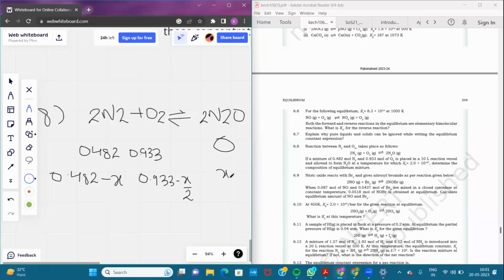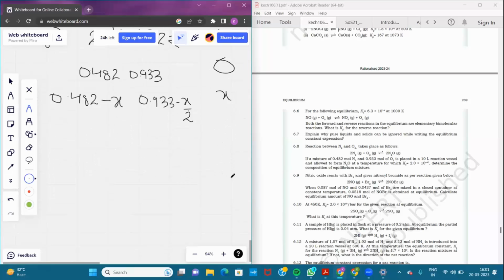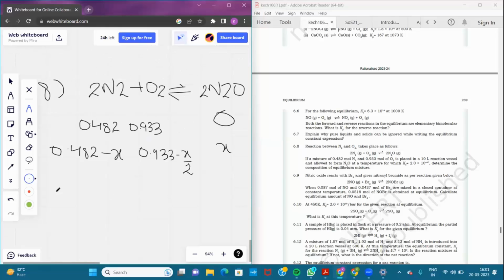Here x moles of N2O will be formed. At equilibrium, we can directly write the concentrations, as we consider this condition at equilibrium.